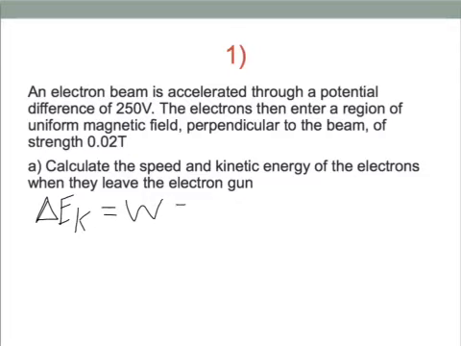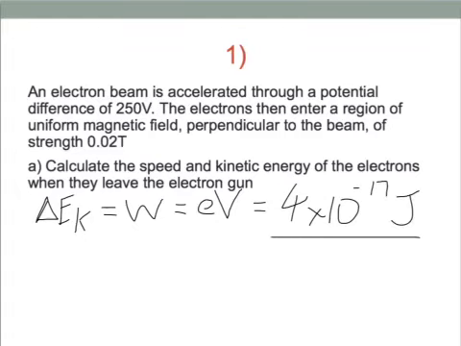We can use the equation E for the electric, so the electron's charge times V, and multiplying 1.6 to the power of negative 19 by 250 gives us the answer as 4 times 10 to the negative 17 joules. So that's the kinetic energy.